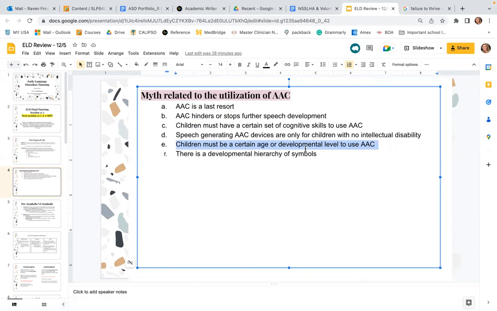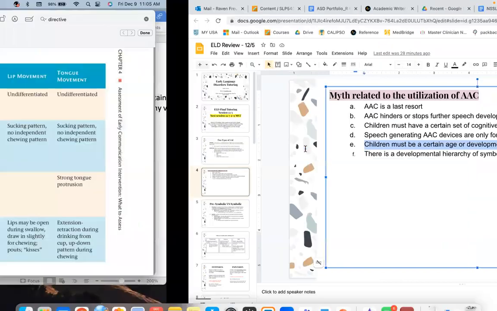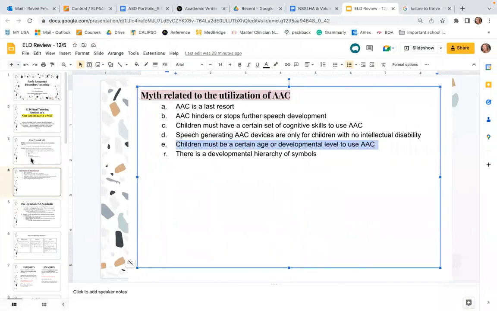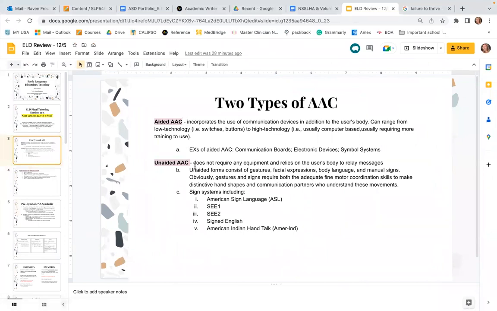We're the experts, so we complete a comprehensive evaluation and make our recommendations based on our clinical judgment. I don't think the question is going to be that detailed. It also says aided versus unaided, which is on this slide.